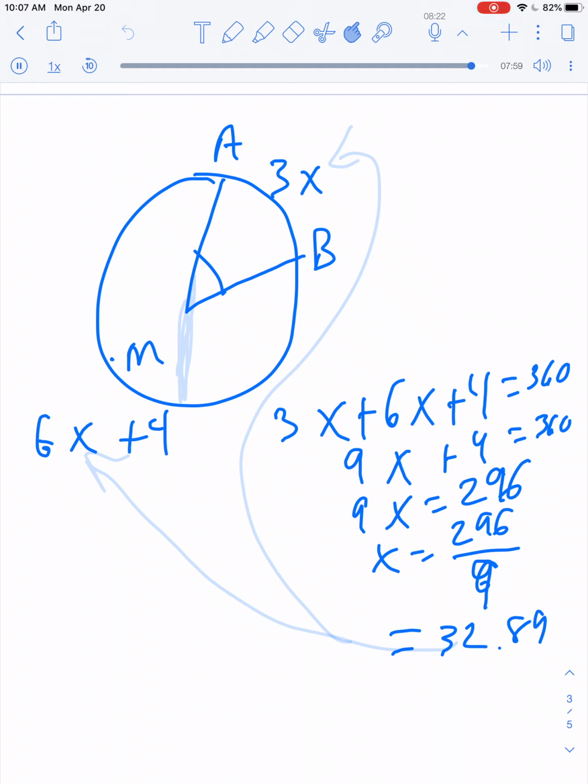Of course, the ones in the book would come out clean. You need to plug that 32.8 back in here to solve for that arc, and plug it back in up here to solve for that arc. So you get many problems like that.